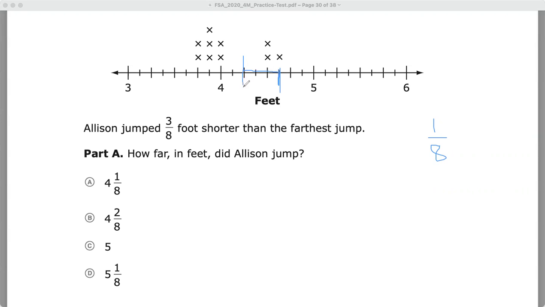So Allison jumped to right here. And that is the second space, 1, 2, after 4. So 2/8, 4 feet and 2/8 right there.